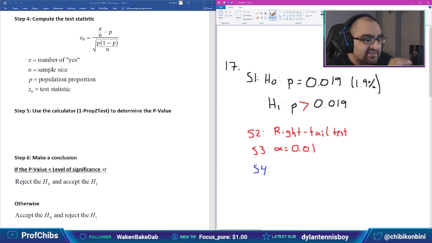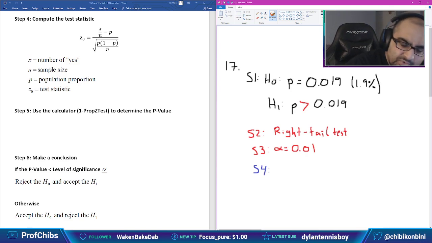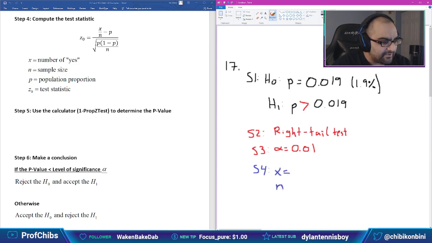What's written in the book is P hat. Honestly, that can be very confusing for most people, so I broke it down into one further step, and I put X over N minus P to make it easier to digest and know where numbers need to go. So we definitely need an X and we definitely need an N.